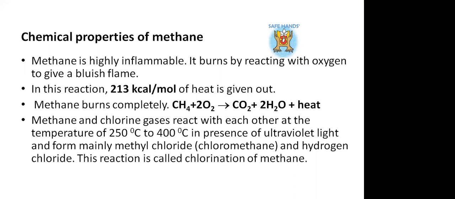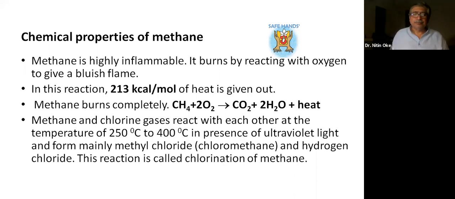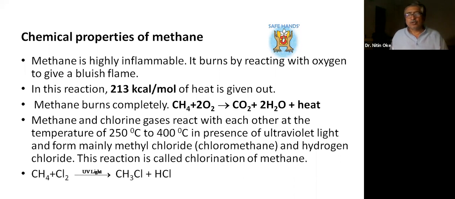Sir, what is its use? This particular compound is used in industry. The process is called chlorination of methane. It is a catalyst. It is used in the dyeing process.